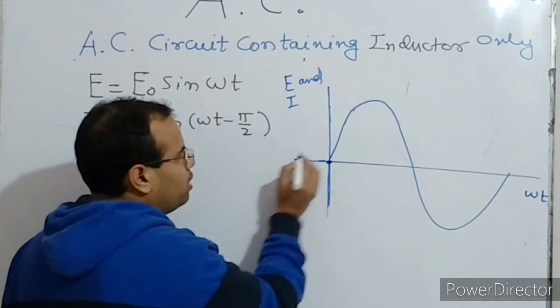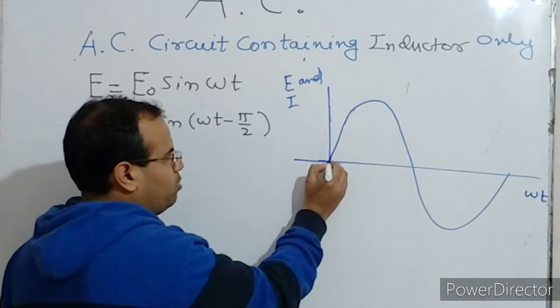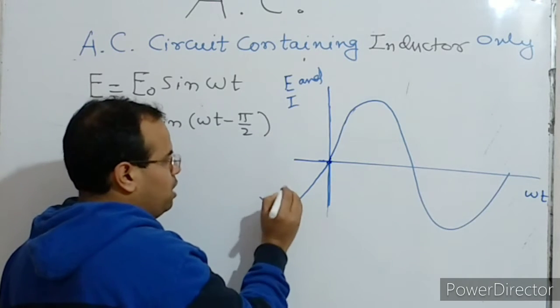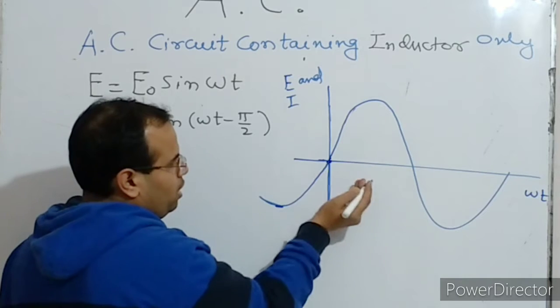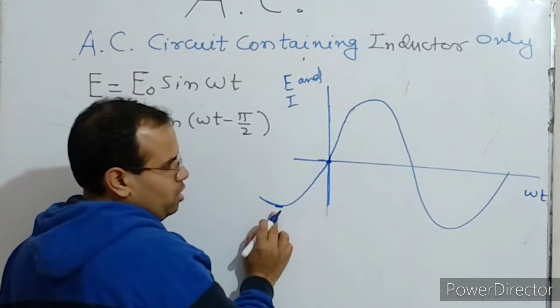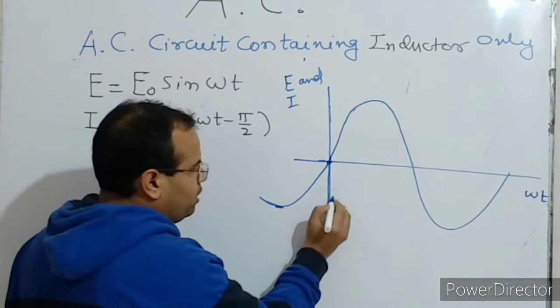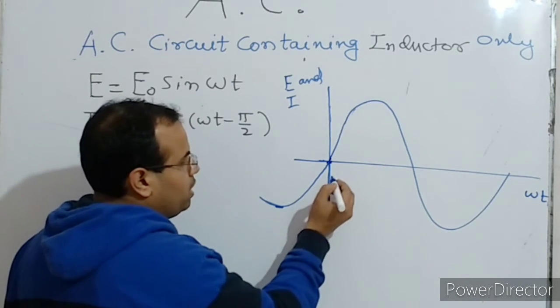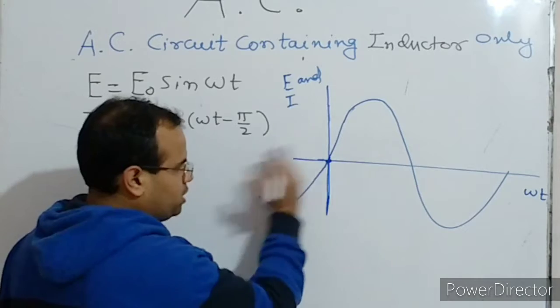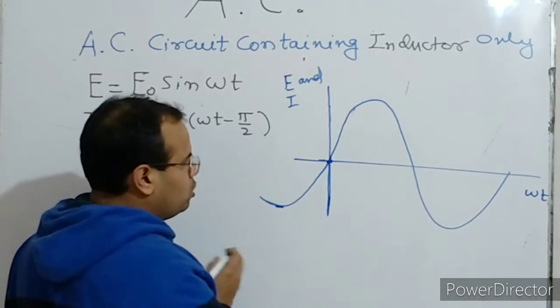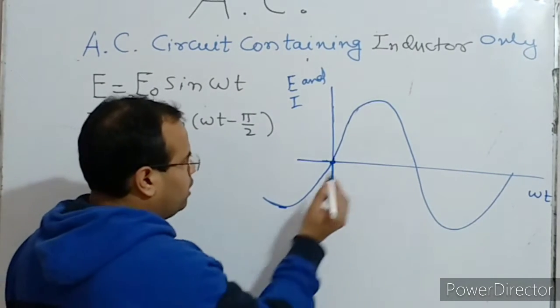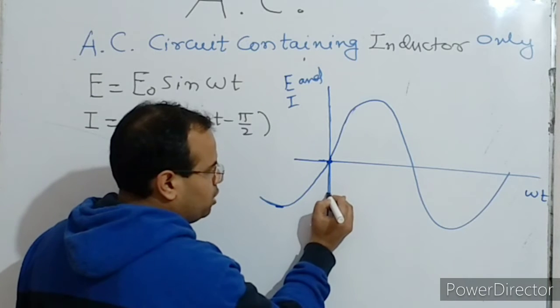See, EMF is having the minimum value here, correct or not? So current is having this minimum value, but at this point, because it is lagging behind the EMF by pi by 2. That's why the value of current at this point would be here.